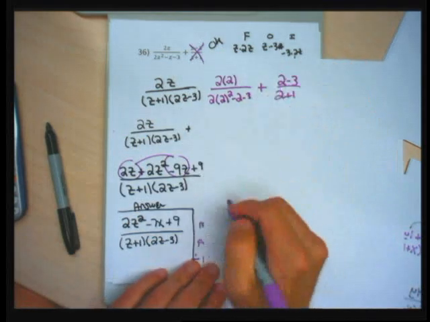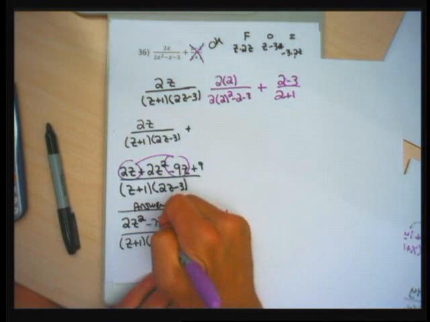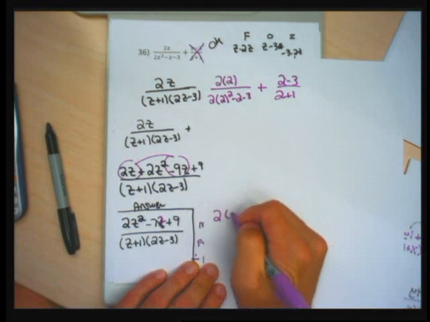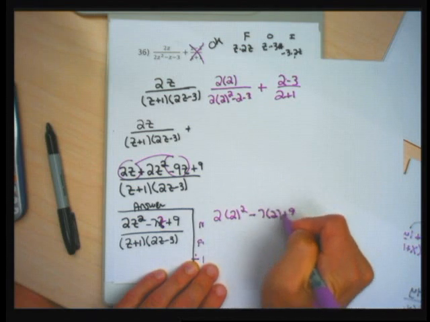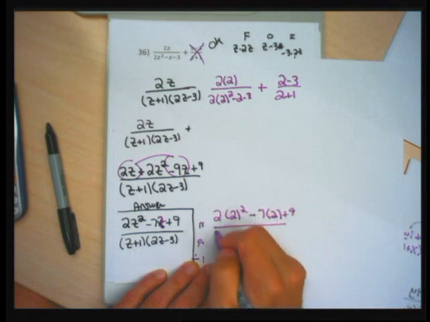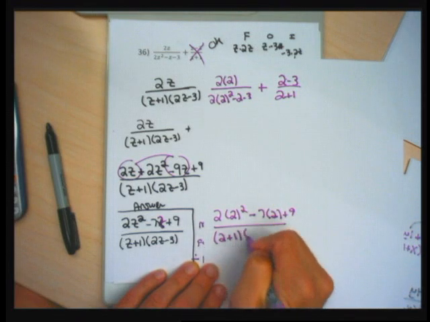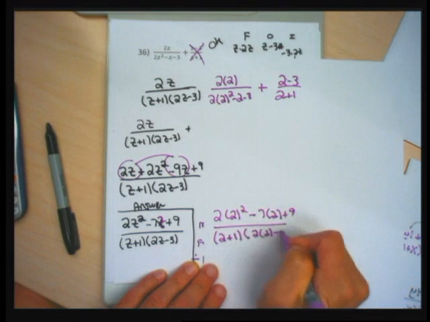And then I'll go to my answer. This x should be a z. It should be 2 times 2 squared minus 7 times 2 plus 9 over 2 plus 1 times 2 minus 3.